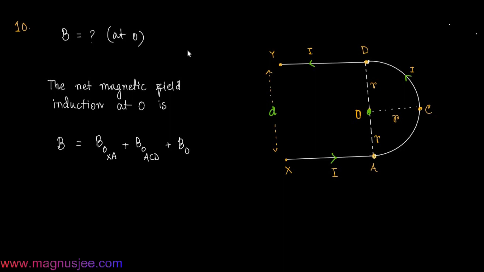Now BOXA is the magnetic field induction at O due to the long straight conductor XA, and BOACD is the magnetic field induction at the center O due to the semicircular wire, and BODY is the magnetic field induction at O due to the long straight conductor DY.